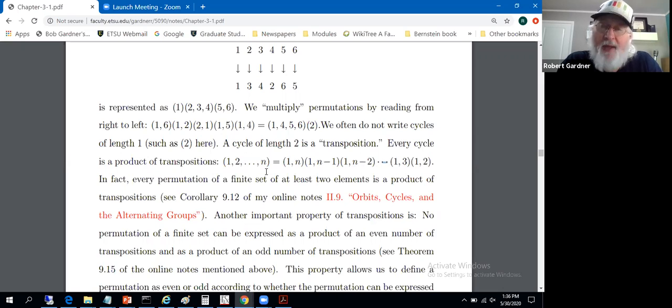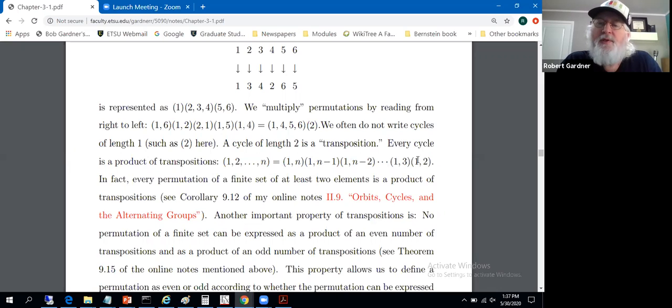Indeed, 2 is mapped to 3. 3 is mapped to 4. n is mapped to 1. Yeah, n only occurs in one spot, reading right to left. n is mapped to 1, right. So it gets wrapped back around. So you can see how the 1 is used almost like a holding bin.